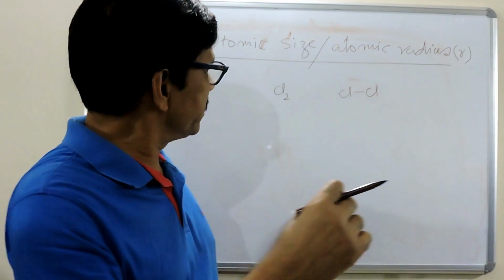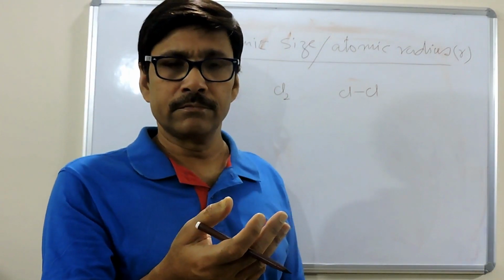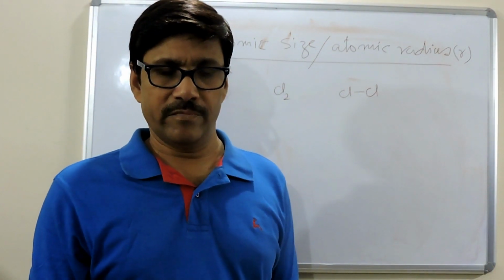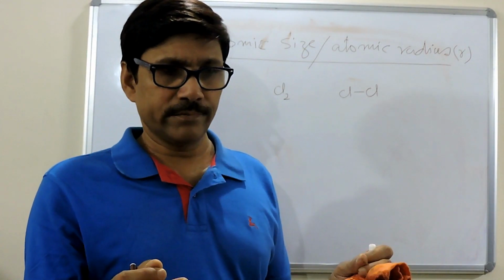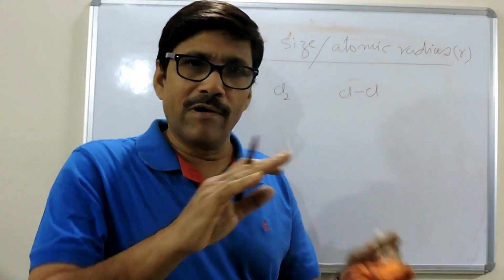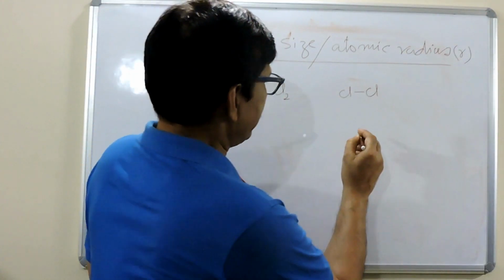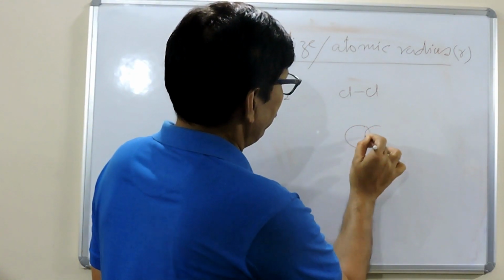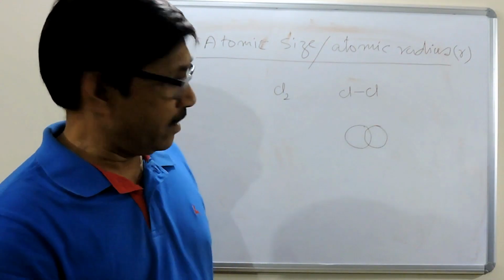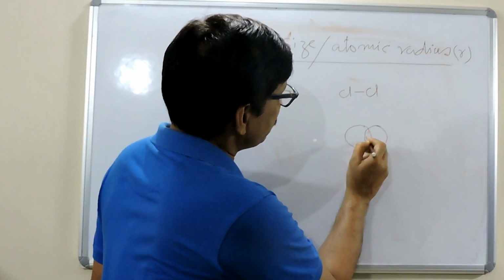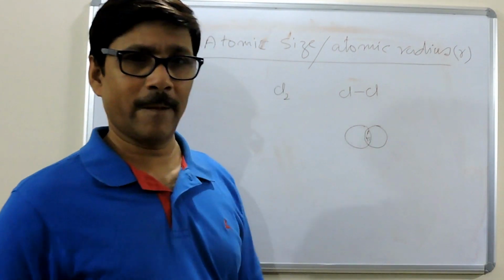And you know, covalent bonds are formed by sharing of electrons. During sharing of electrons, they overlap like this, and the shared electrons will be in this intersection area.